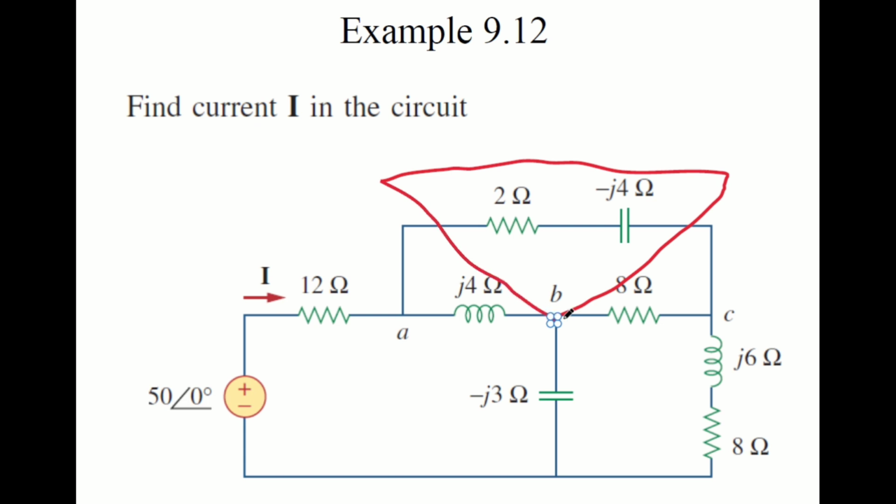It's a delta circuit over here. So this is A, and over here is basically C.